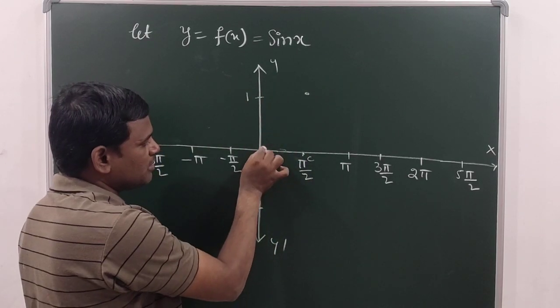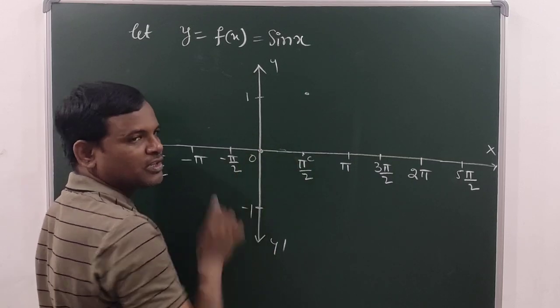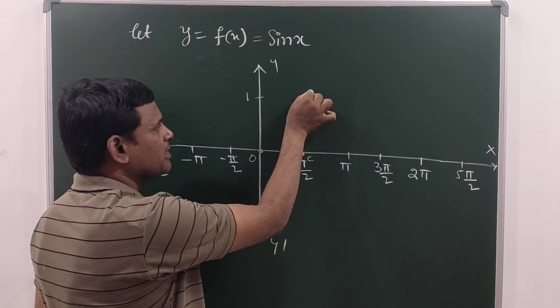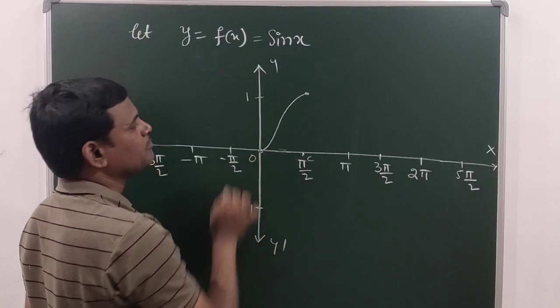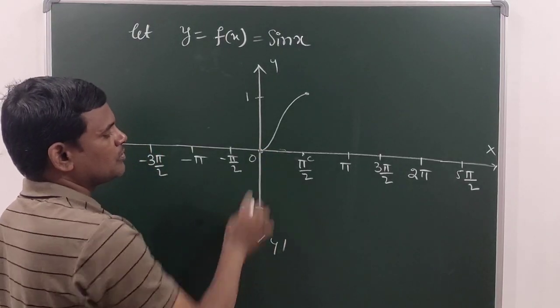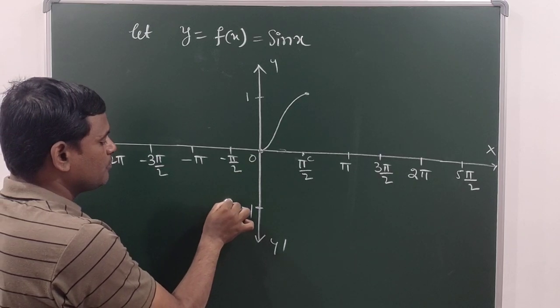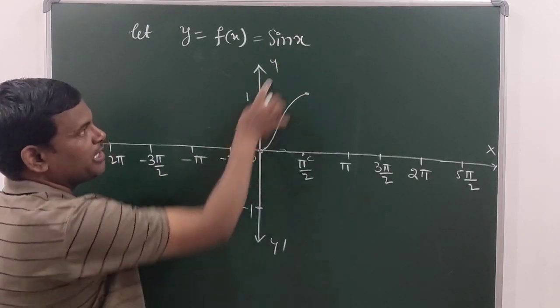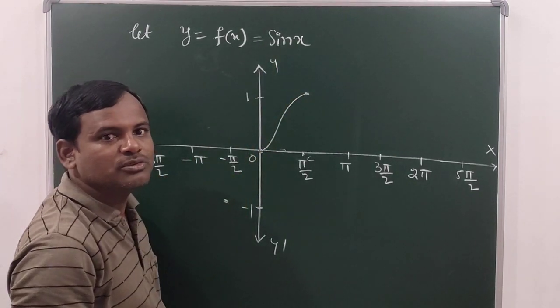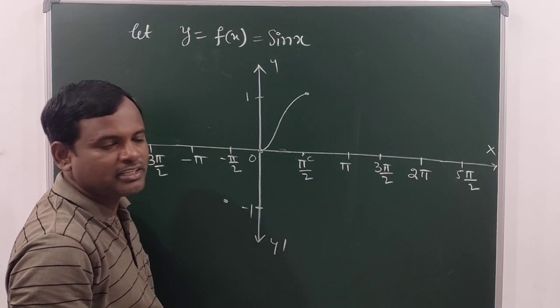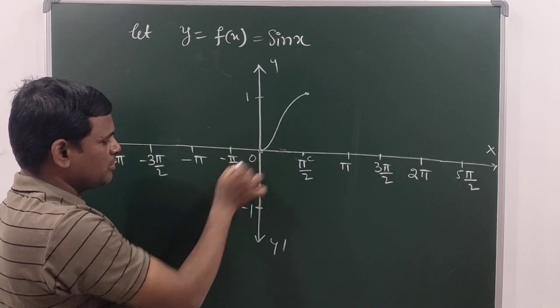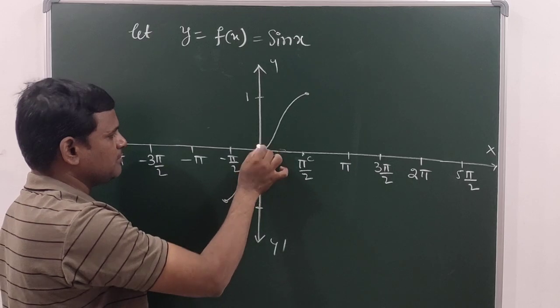So between the origin and 90, you get the sine graph like this. From minus 90 to 0, when you put x equal to minus 90, as you know, sine of minus 90 is equal to minus 1. So you get the graph like this.